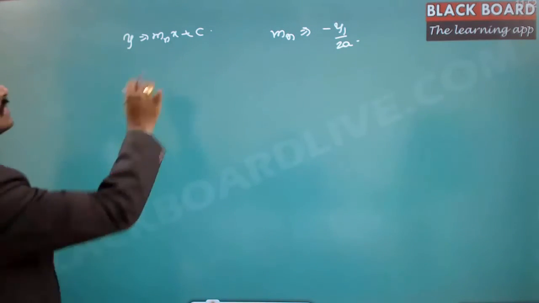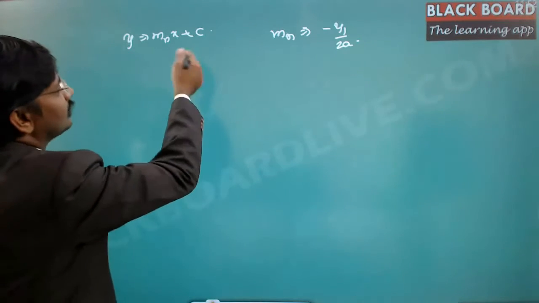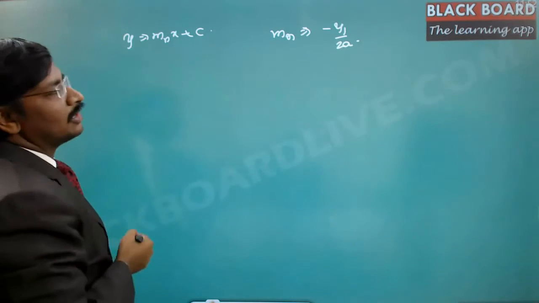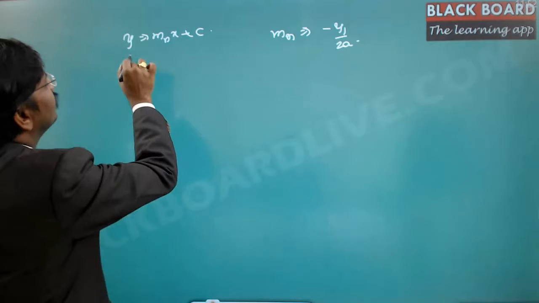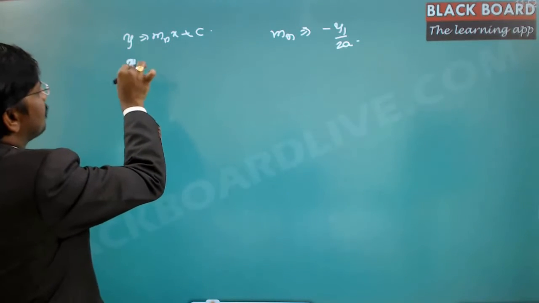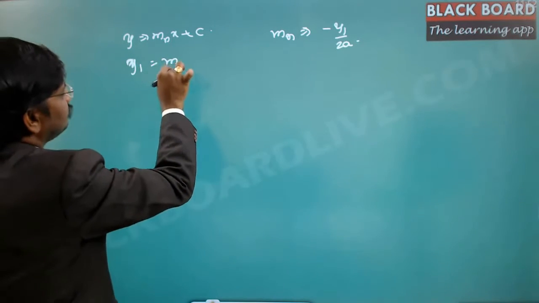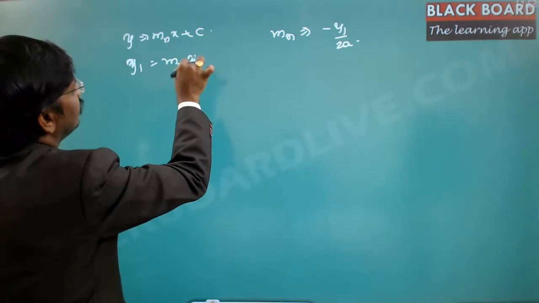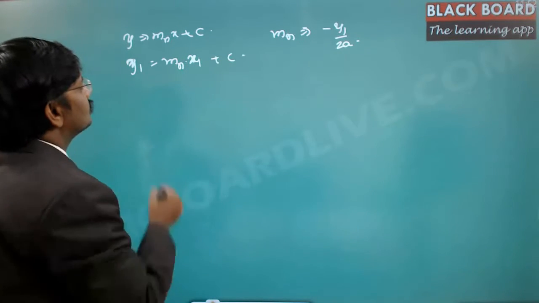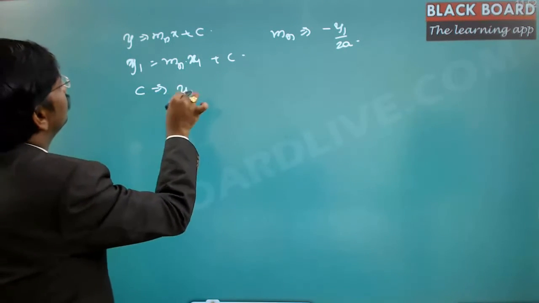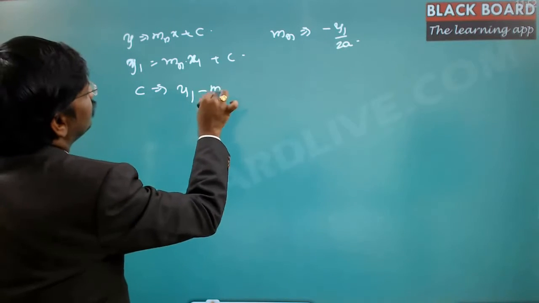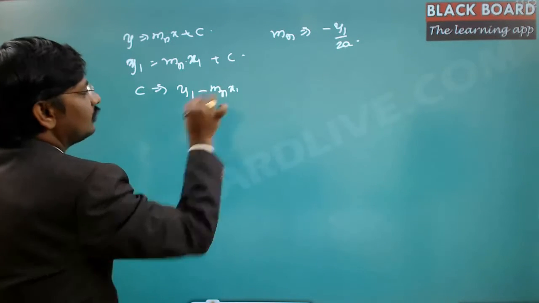Substituting x1 y1, y1 is equal to mn into x1 plus c, so c is equal to y1 minus mn into x1. So this is the value of c.